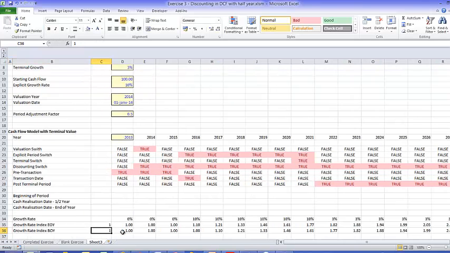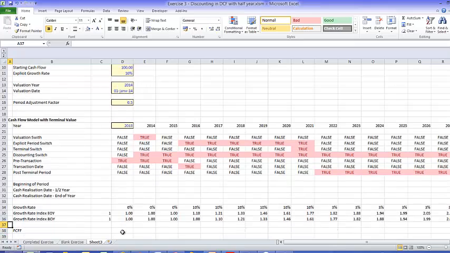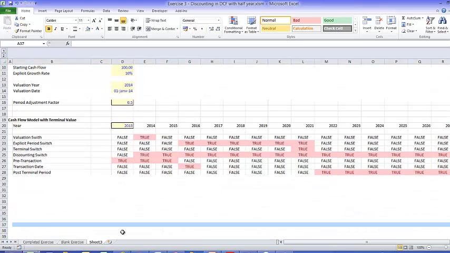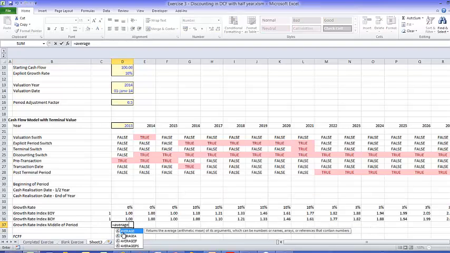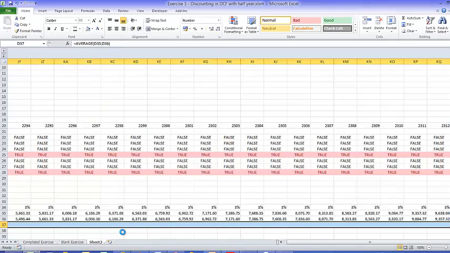So in the first year we're actually just growing our cash flows by half the year. Okay, and let's put the average of this and this.